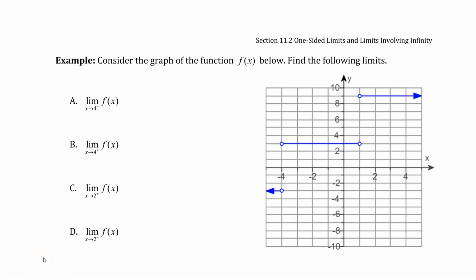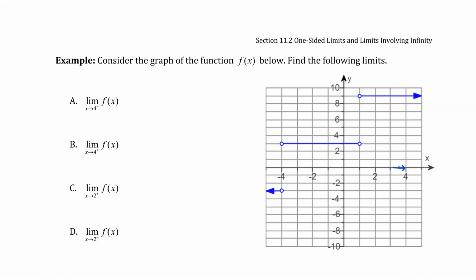To illustrate this, let us consider the graph here and find the following limits. First, we want to find the limit of the function as x approaches 4 from the left. To do this, we will look at the behavior of the function as x approaches 4 from the left.